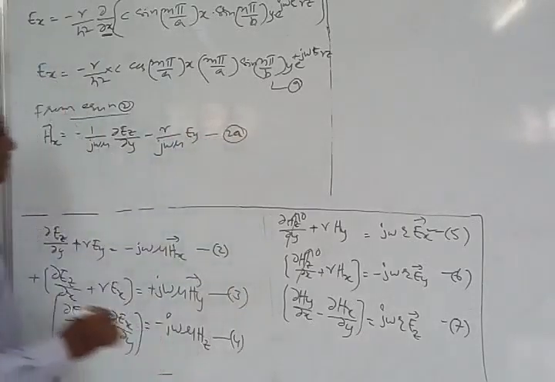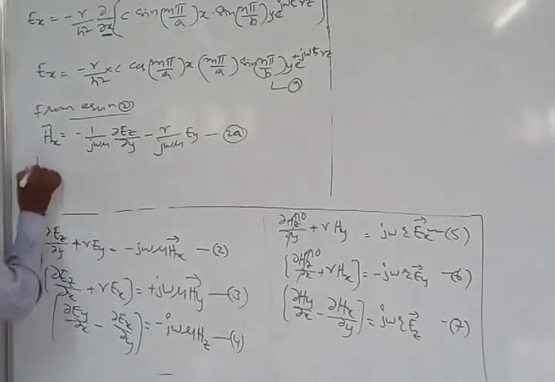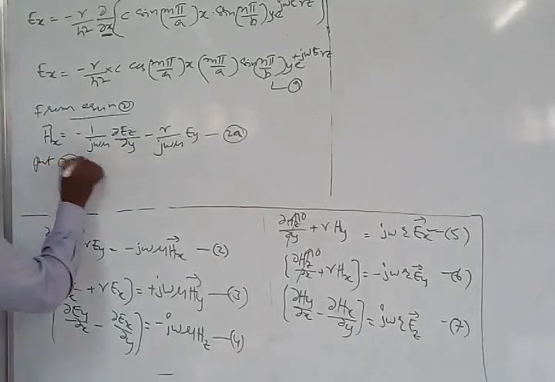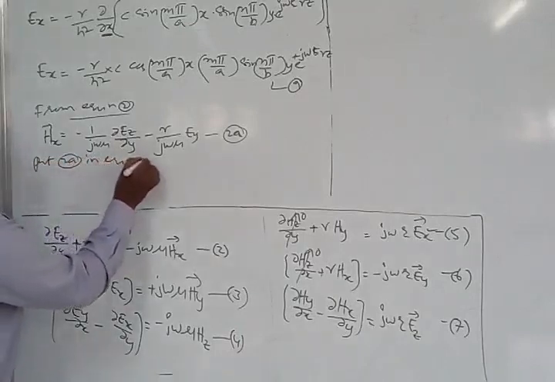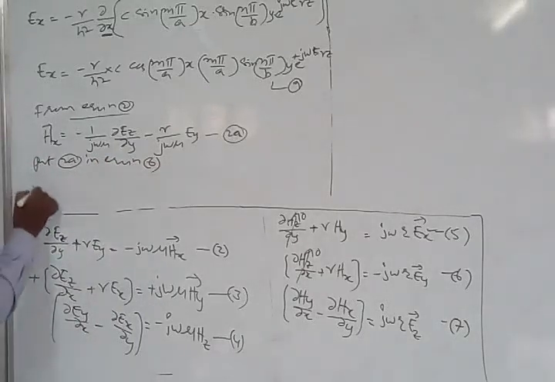So let us substitute this 2a in equation 6. So what is equation 6? I have gamma into Hx. What is Hx?